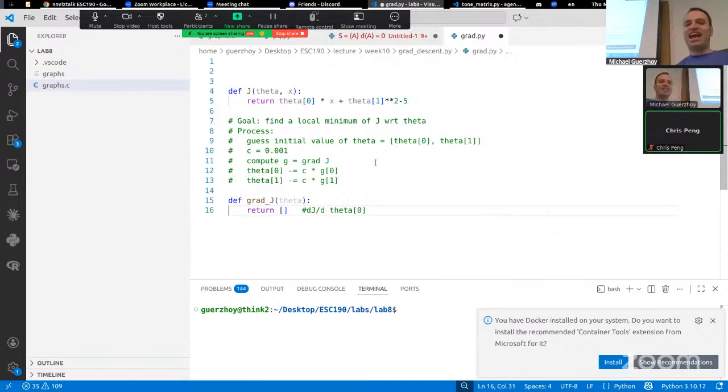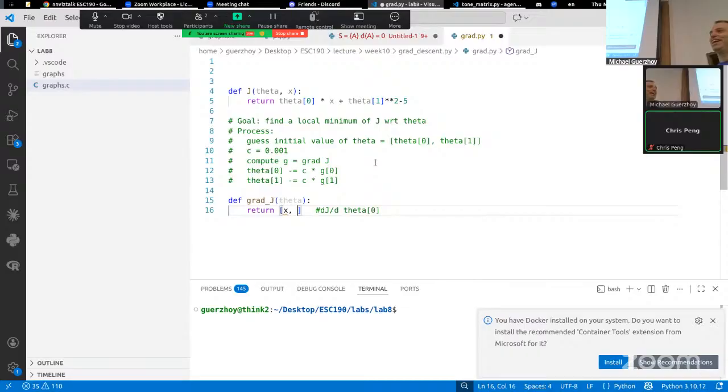The answer is it's X. Anything that doesn't involve theta 0 just gets zeroed out, and the coefficient for theta 0 is just X. So dJ by d theta 0 is just X.